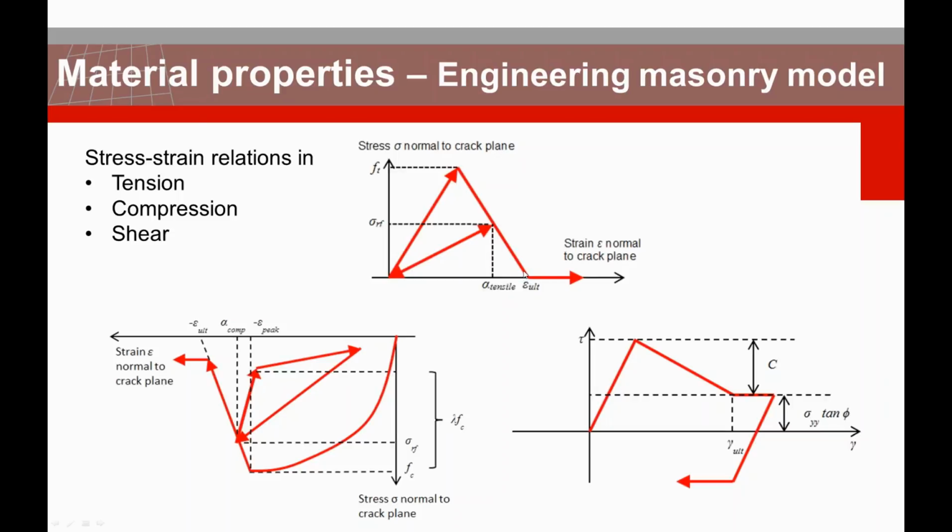As an alternative, you can define 10 to 20% of your peak and define a constant value. That means there is always a little amount of residual strength in the model, and you can proceed with the rest of the loading and analysis for the full complete failure of your structure. So this is your tensile behavior.